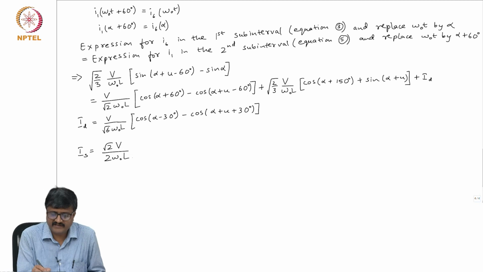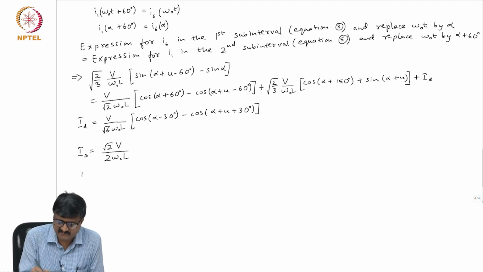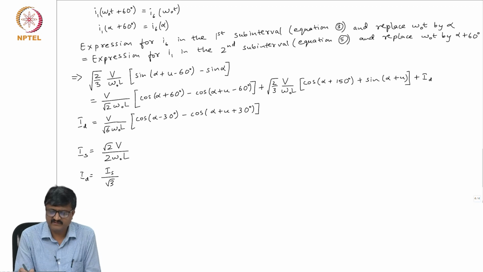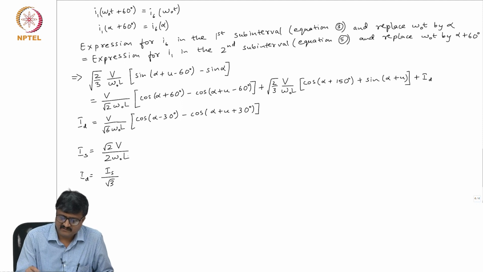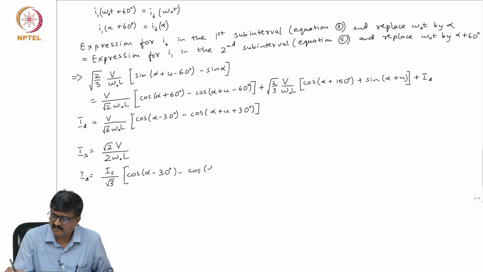So, I can write the expression for ID in terms of IS as ID is equal to IS by root 3 into cos of alpha minus 30 degrees minus cos of alpha plus u plus 30 degrees.